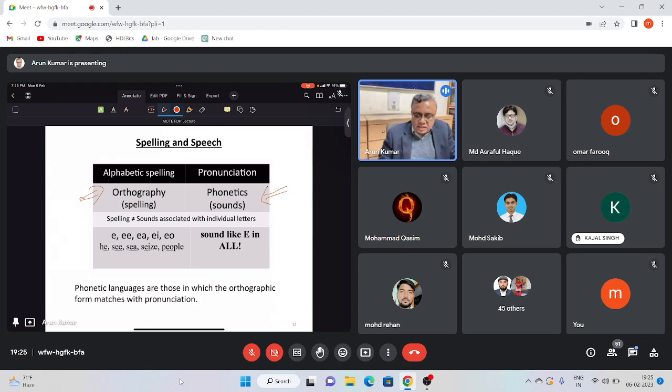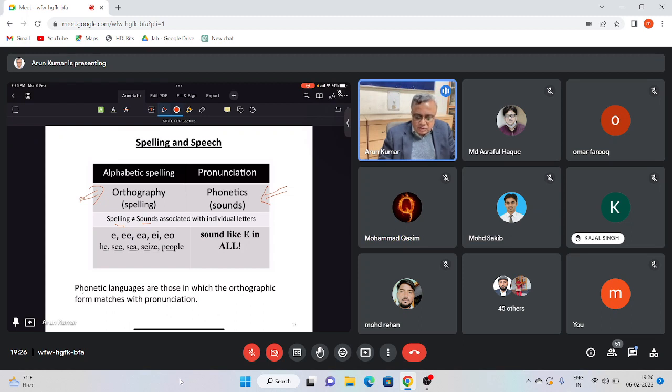As we know, in most languages, the way we write is not the same as the way we speak. Here is an example where we see that in certain words, the E sound is written in different ways, but they are all pronounced as E.